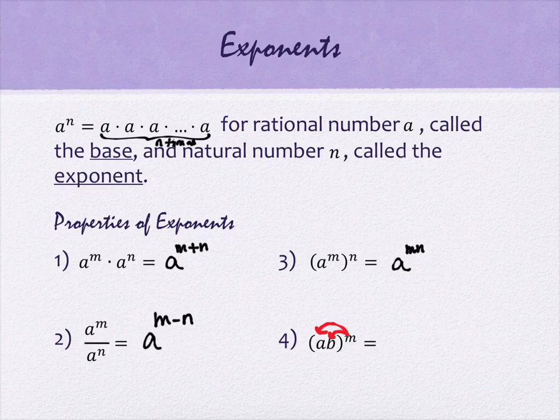When A and B are multiplied together, which they are here, it doesn't work if it's added or subtracted. If A and B are multiplied, we can distribute the power of m to each of the A, oops, I don't know why I wrote that, and to the B. Okay? So we're going to look at why that works.